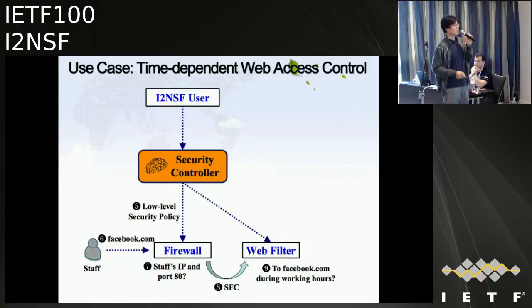If the two conditions match, then the firewall triggers the web filter for more inspection, in this case, target URL inspection. If the packet is forwarded to the web filter, then the web filter checks whether the target URL is facebook.com or not. If this condition is satisfied, then the web filter drops the packet. So this is the scenario of time-dependent web access control.